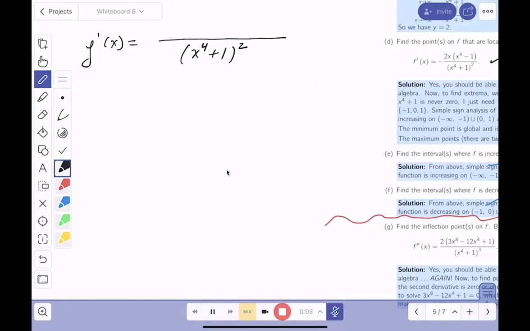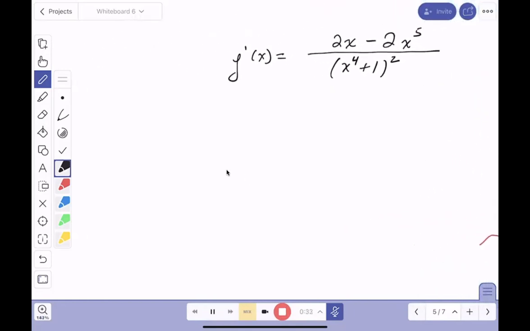It's going to be 2x, I'm multiplying it out for a reason, by the way, minus 2x^5. All right, so 2x, because minus 2x times x^4 is going to be 2x^5, but it's subtracting it, right? So here comes my trouble.